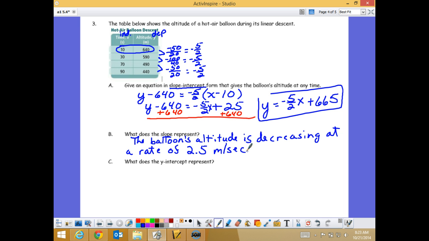That's what that represents. It's decreasing because the slope is negative, and it's decreasing at a rate of 2.5 meters per second.